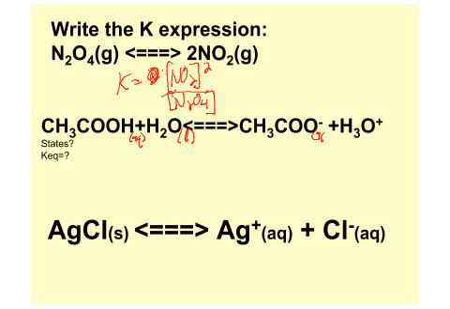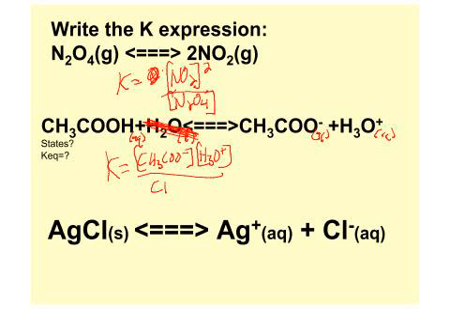Ions are always aqueous for our class. So I can ignore water because it's not going to be part of the equilibrium expression. So K is products, CH3COO negative to the first times H3O positive to the first, over CH3COOH, and that is aqueous. That's it.